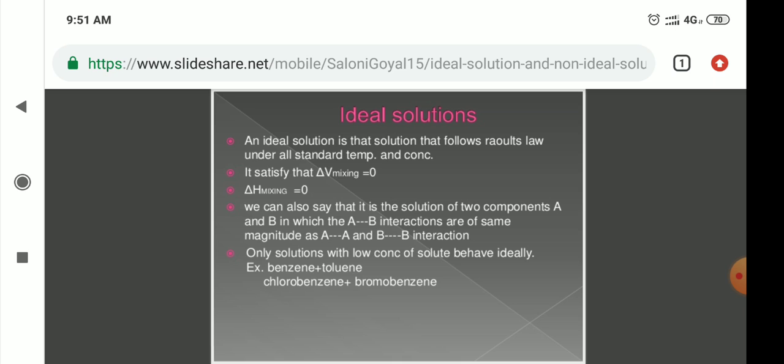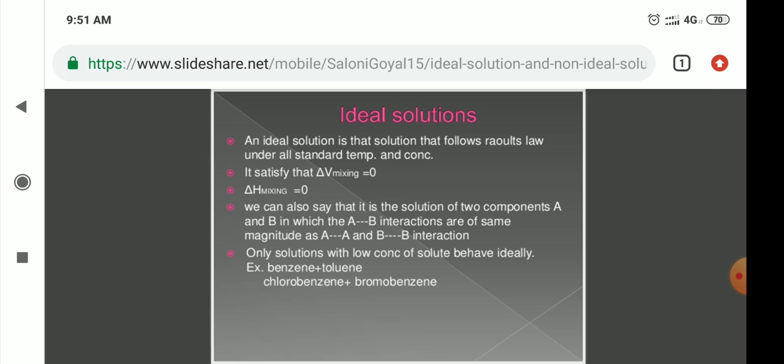Next one is the ideal solution. An ideal solution is a solution that follows Raoult's law under all standard temperature and concentration. It satisfies that delta V mixing is equal to 0 and delta H mixing is equal to 0.